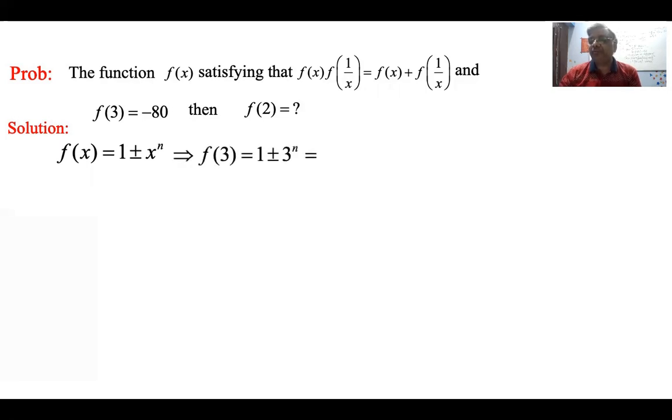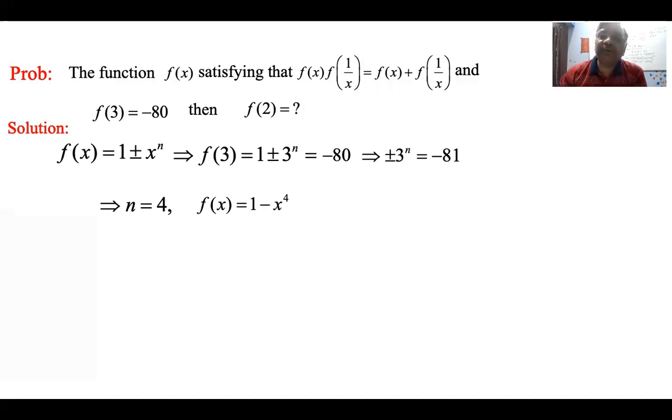Substitute f of 3: 1 plus or minus 3 to the power n is equal to minus 80, which means plus or minus 3 to the power n is minus 81. It is possible when n is equal to 4 and the minus sign is taken. Therefore, f of x will be 1 minus x to the power 4, which is the only function that will satisfy all those conditions.